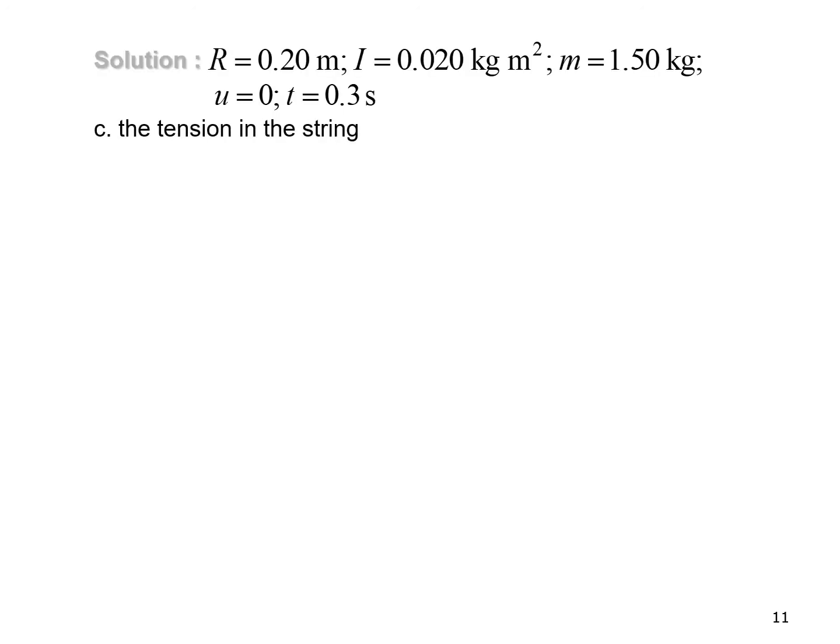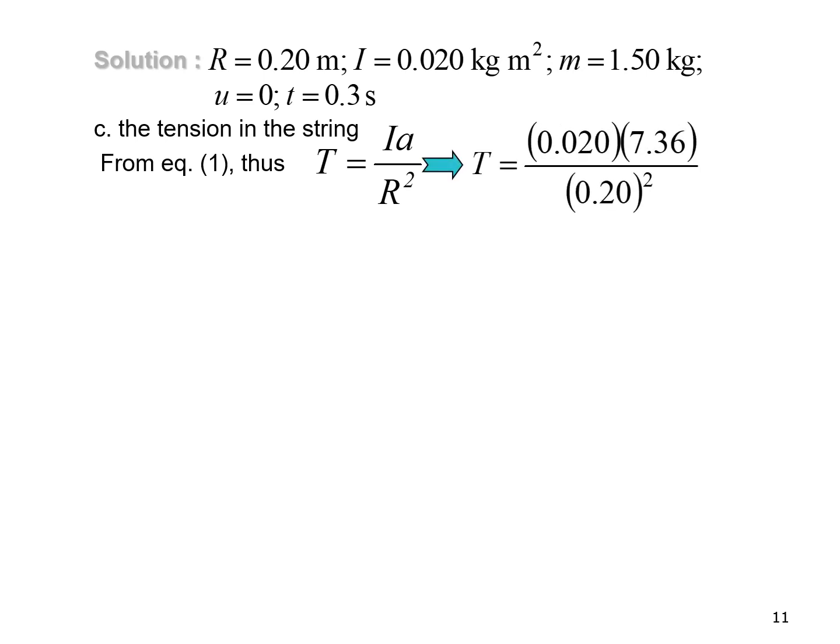And then for question C, tension. For the tension, we can refer back to equation 1, I times a, acceleration over R square. Since we have all the values, just replace in, and we will end up with tension equivalent to 3.68 Newton.